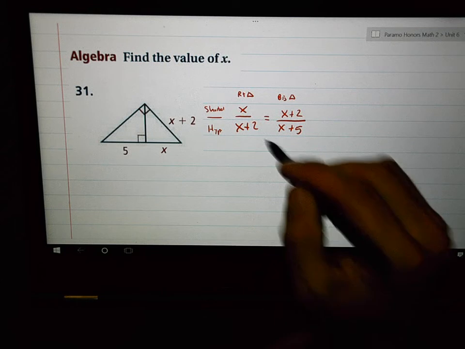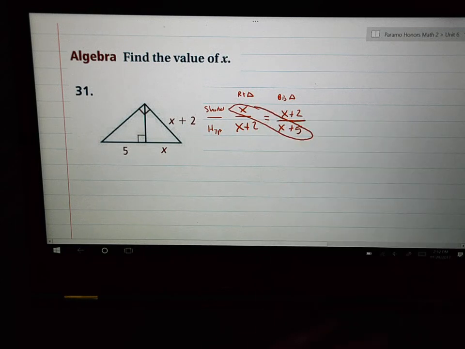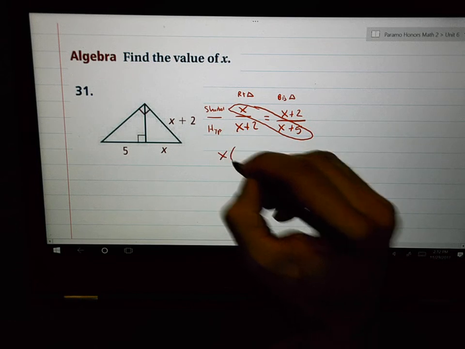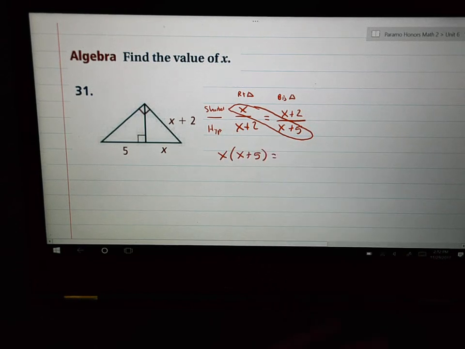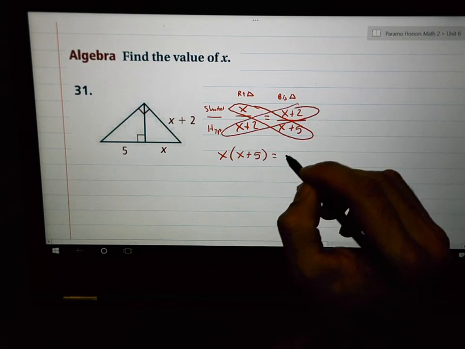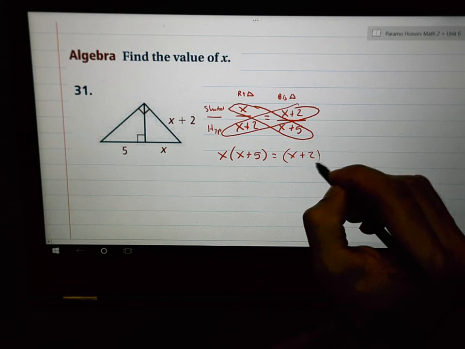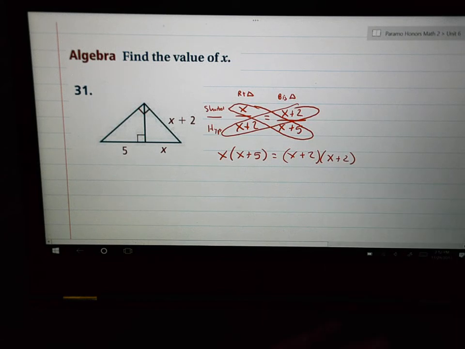This is one of the reasons why we did Unit 1. It's so that we can multiply the extremes. I do recommend that you actually write it out. That way you don't forget about the distributive property, and you don't forget about foiling. The product of the means should be equal to the product of the extremes.